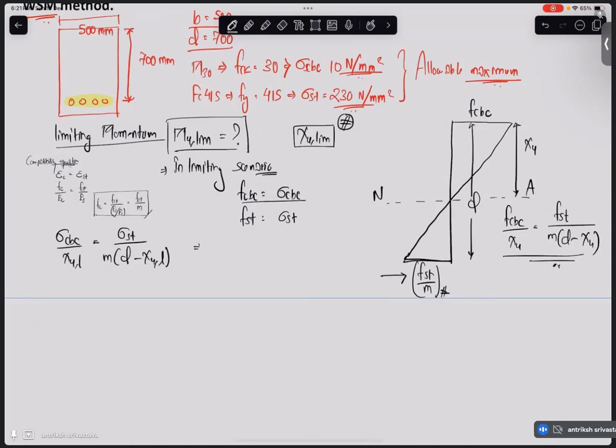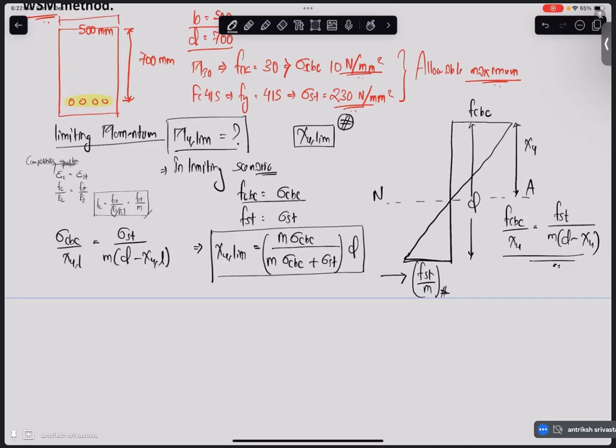Upon rearranging, what you will find is that you can have a bunch of formulas for your limiting neutral axis. So you will have XU limiting equal to M sigma CBC, divided by sigma ST plus M sigma CBC, into D. I'm writing the end result after the simplification that you can do on your own free time. Right? This is one formula.